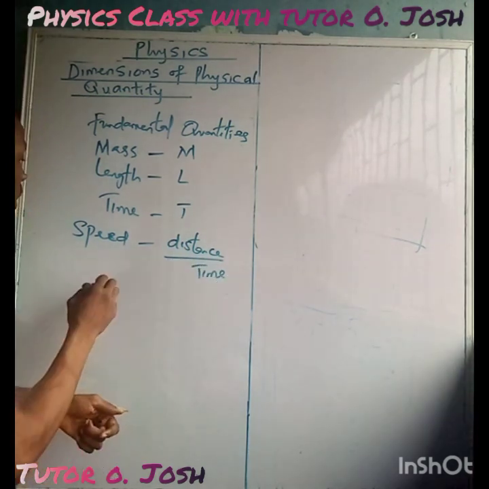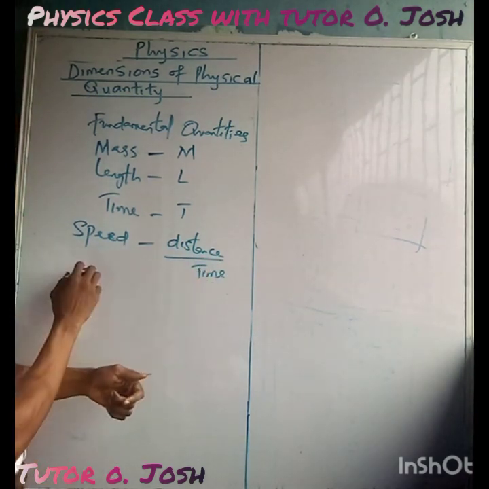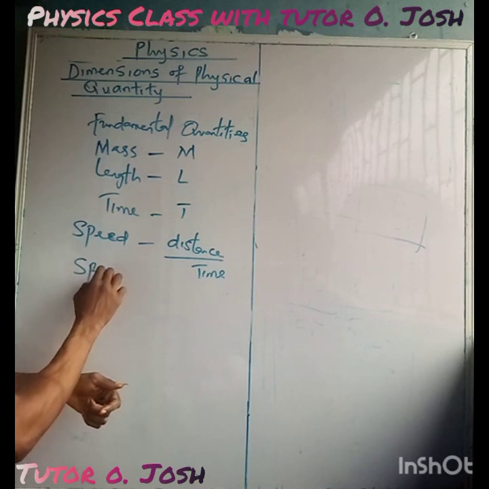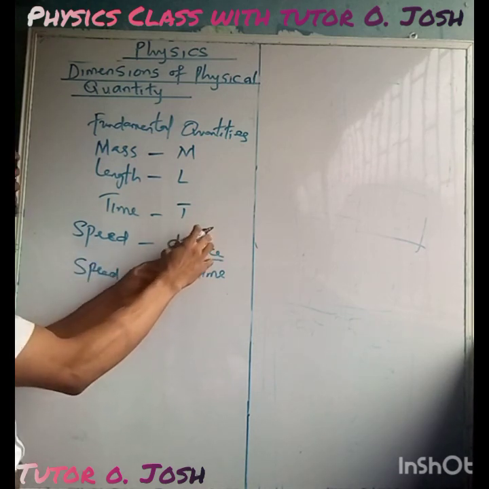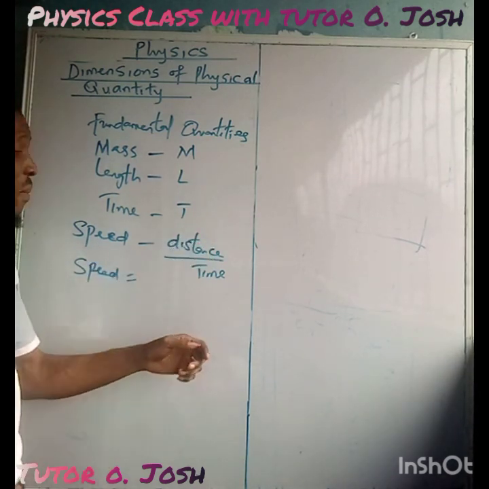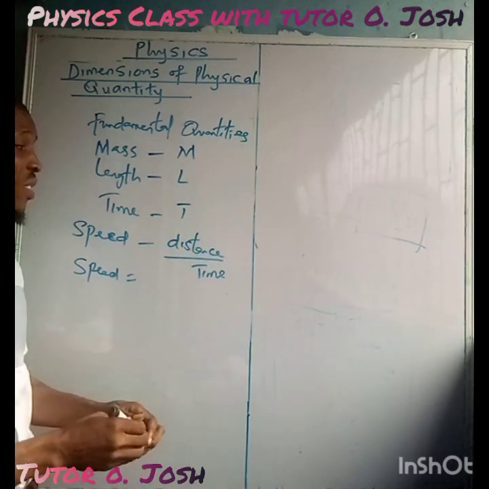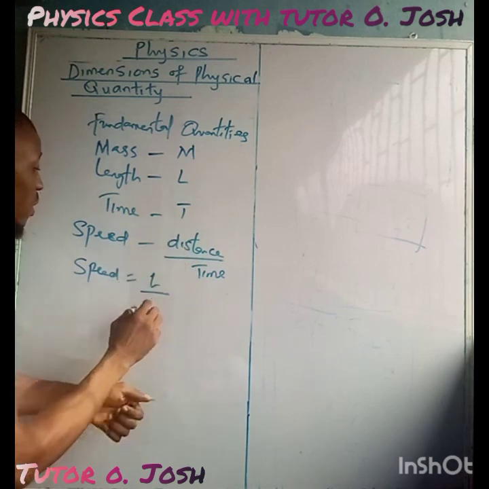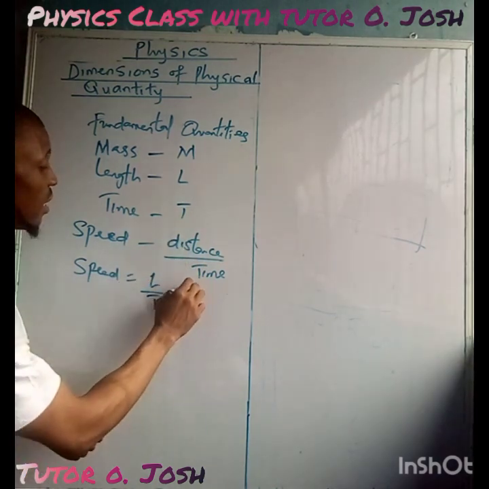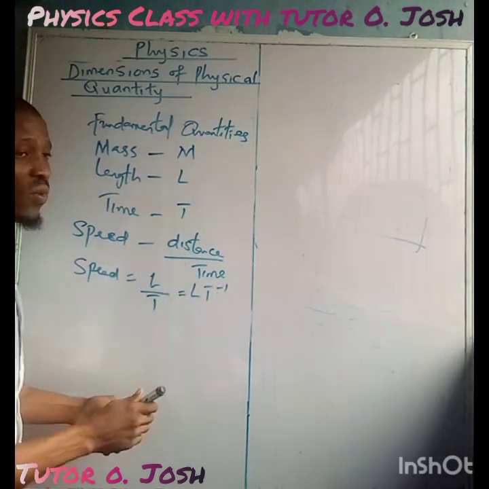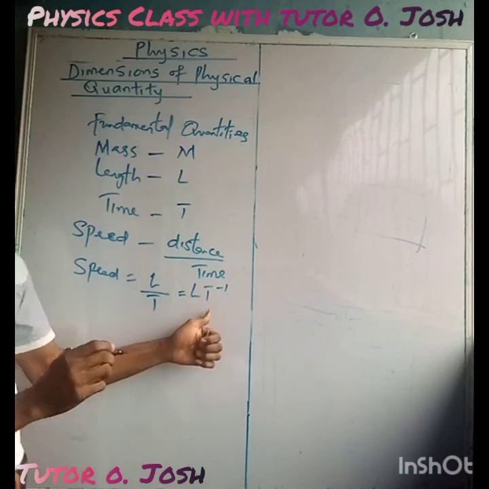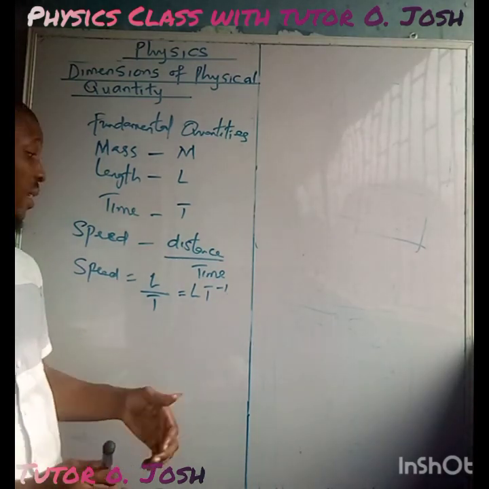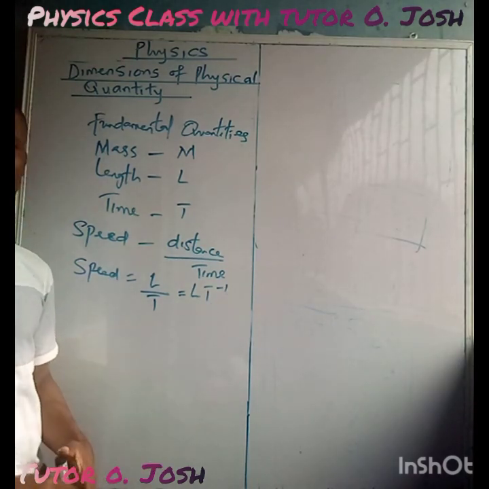So the dimension of speed equals the dimension of distance, which is length, L, over the dimension of time, which is T. This can be written as LT raised to power minus 1. So the dimension of speed is LT^-1, that is, length over time.